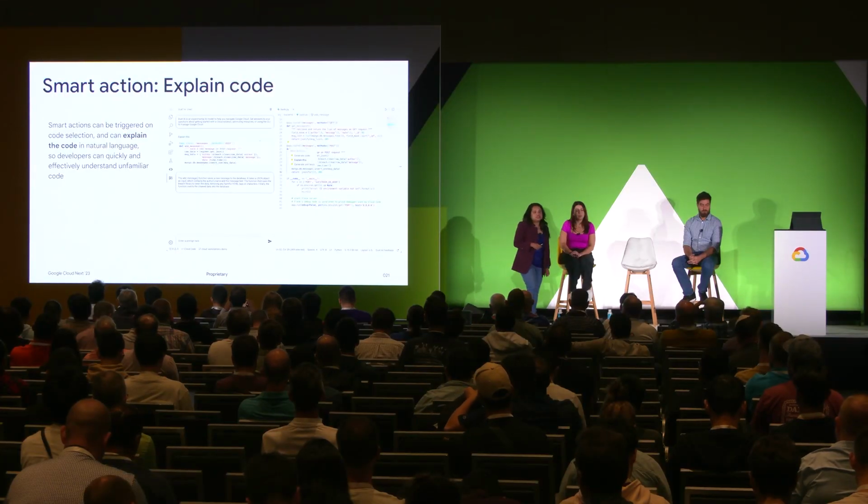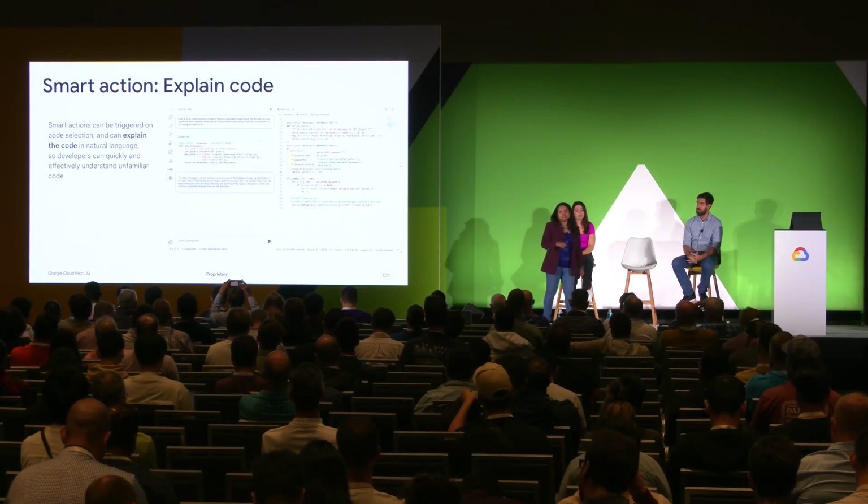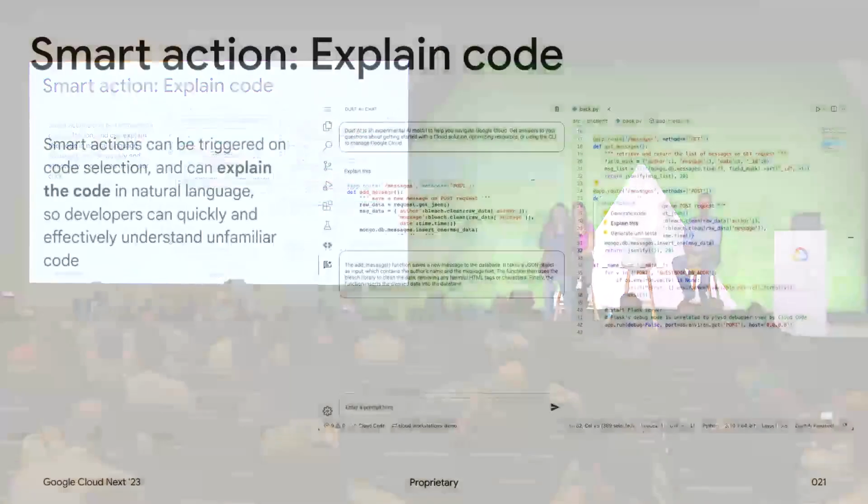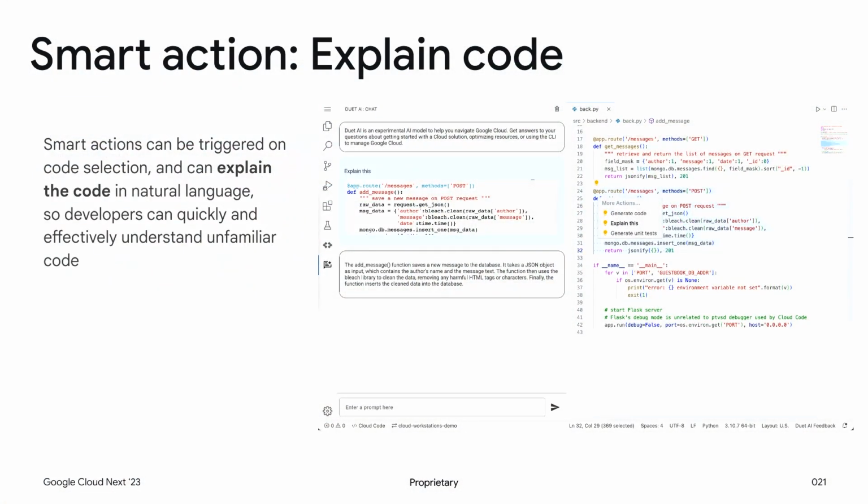Now, in addition to code completion and code generation, if I had to list the top things that customers ask us for, code explanation and test generation would be right up there, in the top 5 for sure, maybe even in the top 3. Code explanation is what it sounds like.